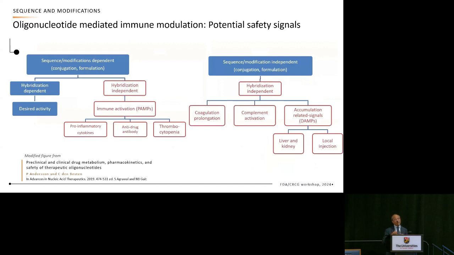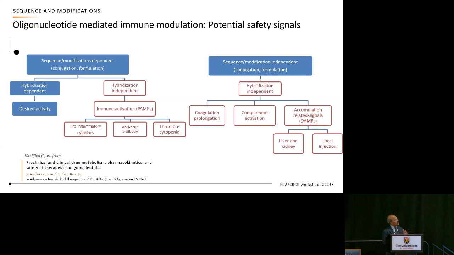It could be hybridization dependent or independent. They could be causing immune activation through a pattern recognition receptor or binding to a protein, which could be polyanionic related effects. And immune activation through a pattern recognition receptor will lead to pro-inflammatory cytokines, anti-drug antibodies and thrombocytopenia.